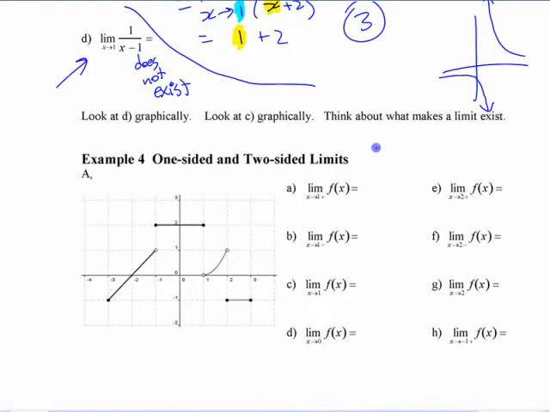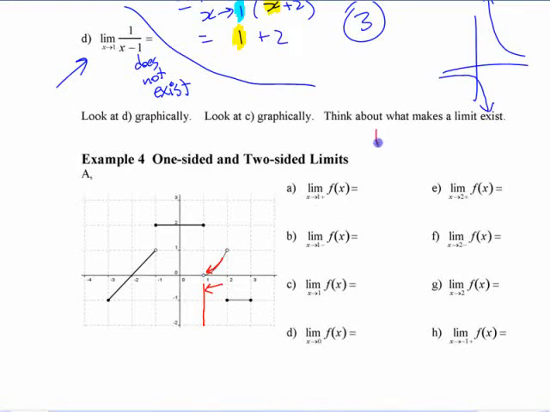The way you write that is you put a little plus or minus sign after the number to say which side you're coming from. When you're coming from the right side of 1, you say x approaches 1 from the positive side.